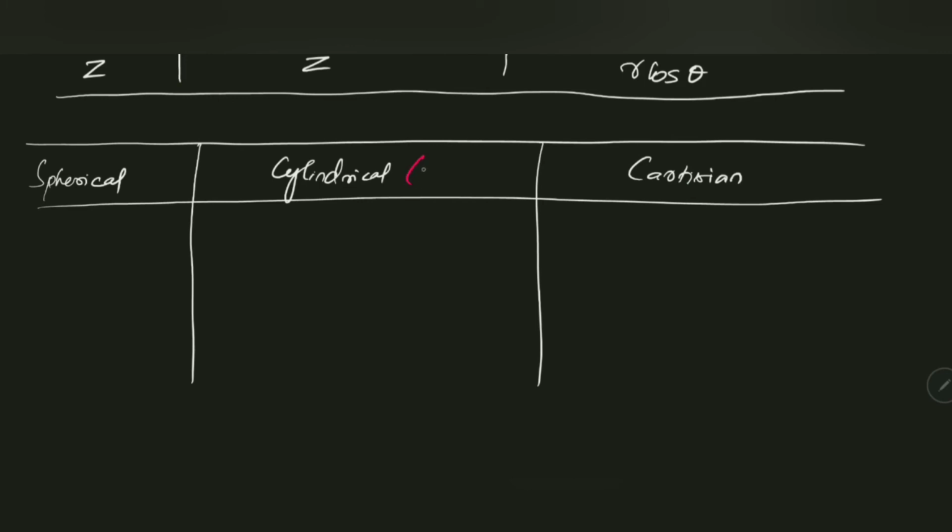In cylindrical you have r, phi and z, in Cartesian you have x, y, z, and in the spherical you have r, phi and theta. Let me tell you how to find it. If you want to find the r value, given cylindrical, it is the square root of r square plus z square. This is the formula.